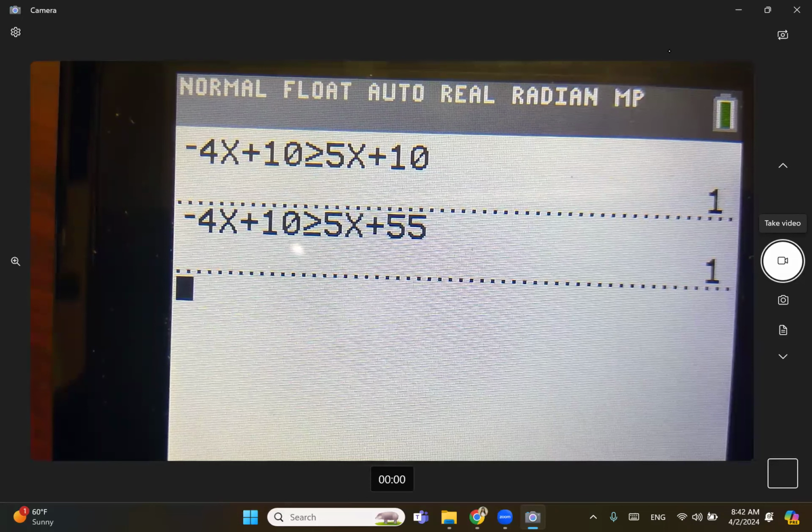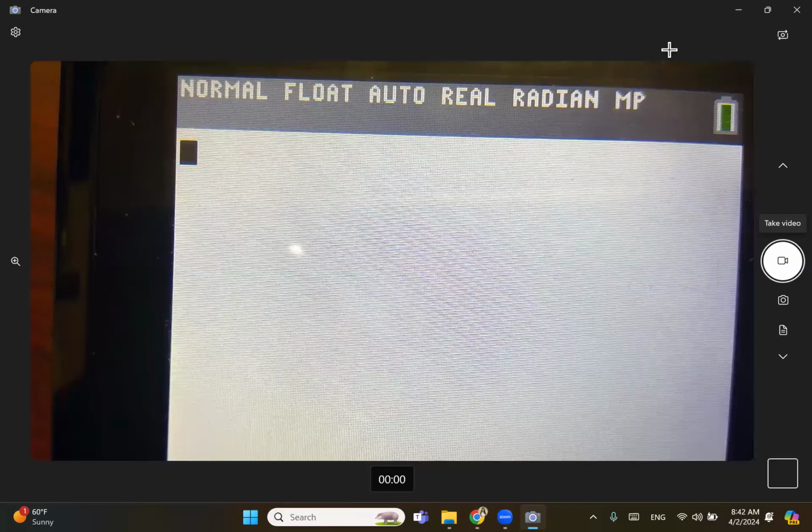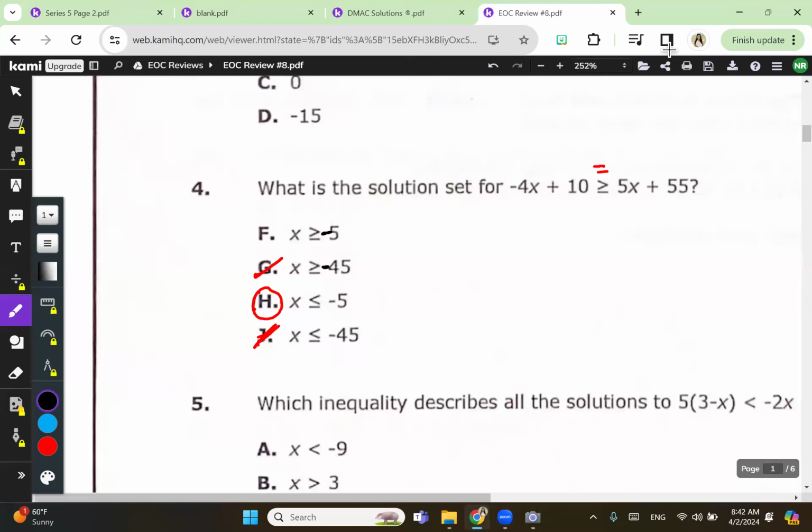When you're using test mode, you have to plug in something for X. Now, the answer choice says that X has to be -5 or greater, right? So that's what we have to plug in. That's what we have to store.